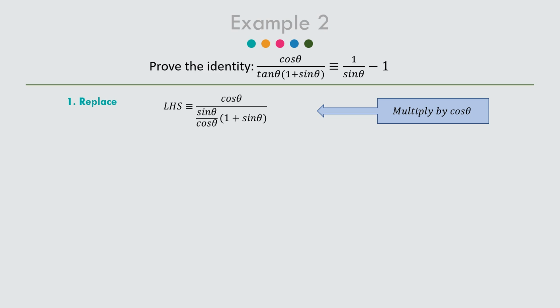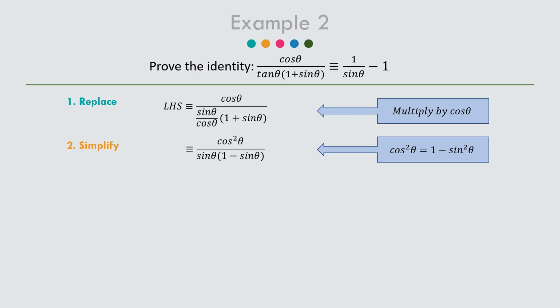My next step will be to multiply by cos theta. This removes the denominator. Once I've done this and simplified, we get to cos squared theta divided by sine theta brackets 1 minus sine theta.